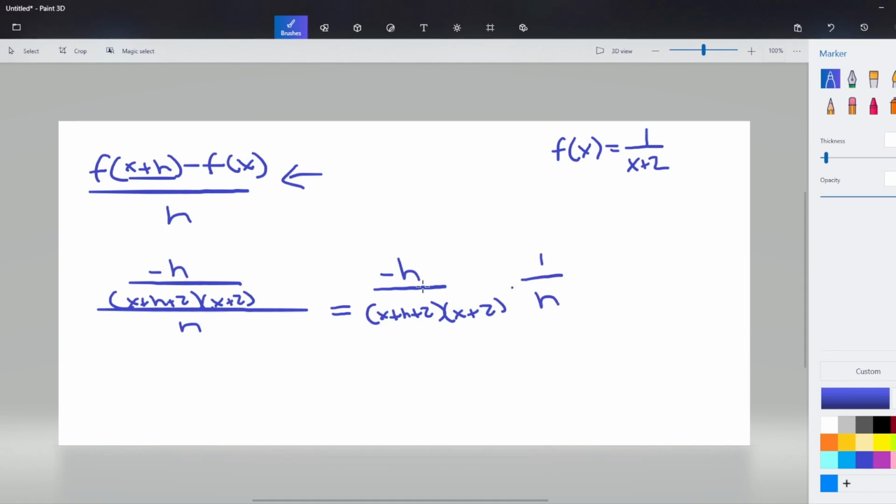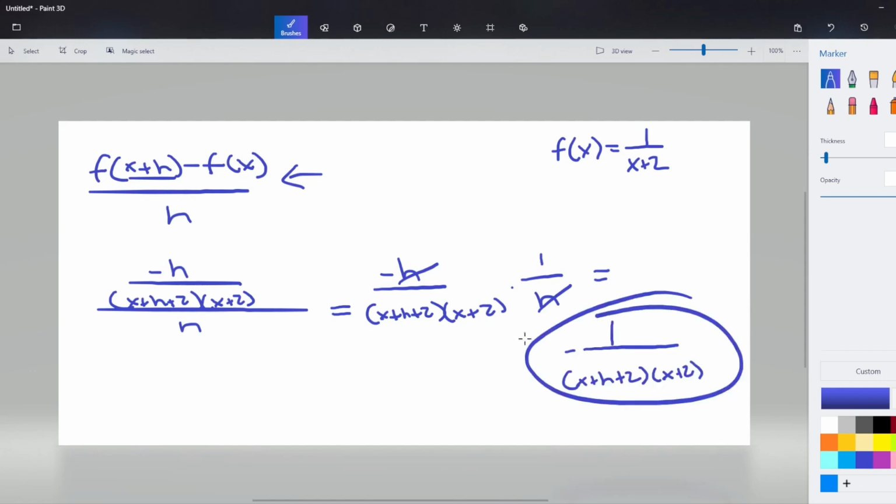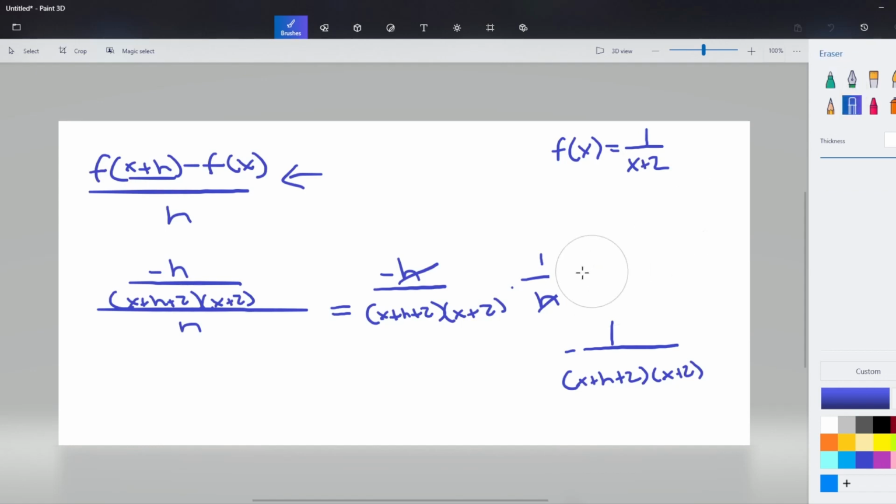Because multiplied by the reciprocal, these h's cancel out and you get negative 1 over x plus h plus 2 times x plus 2. So this is our difference quotient for the function 1 over x plus 2 just by plugging this into our difference quotient formula. The main thing that we've done here is that whenever we plug in an h value of 0, the denominator will not be 0 and it will not give us an undefined result.